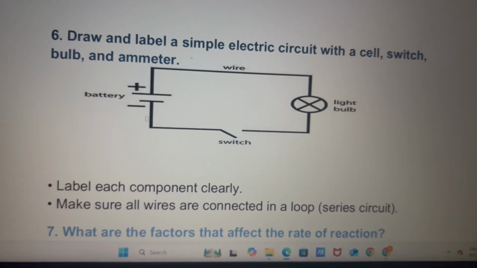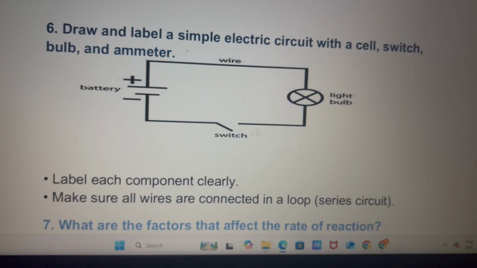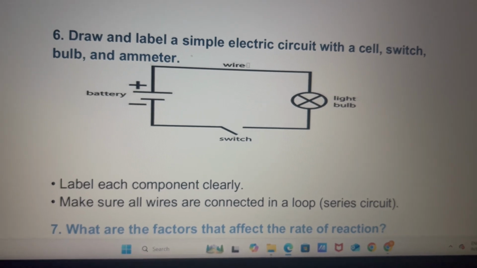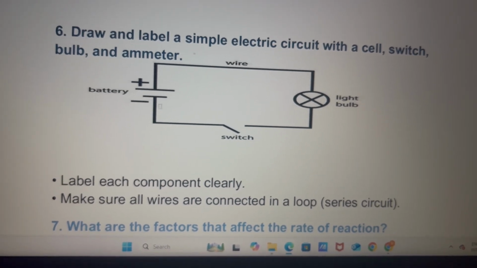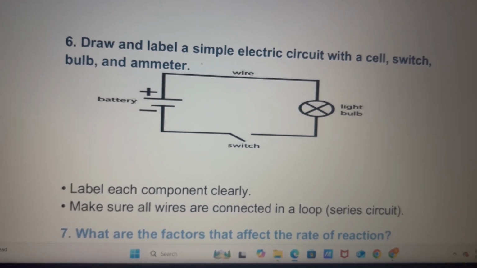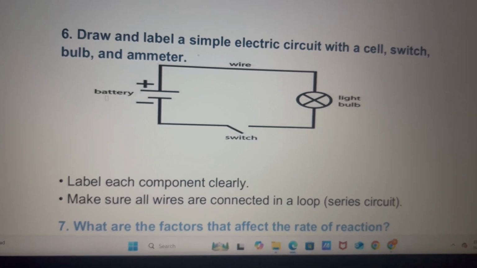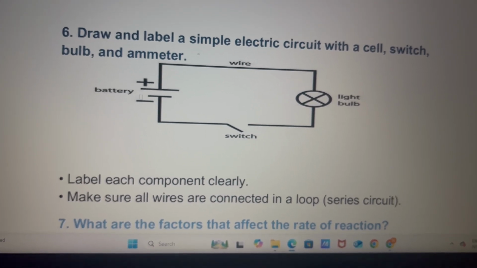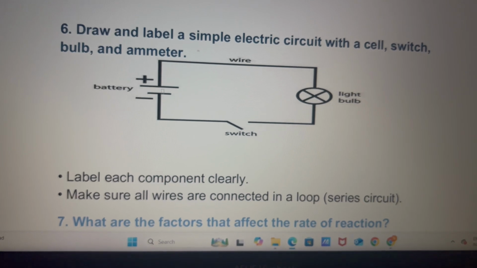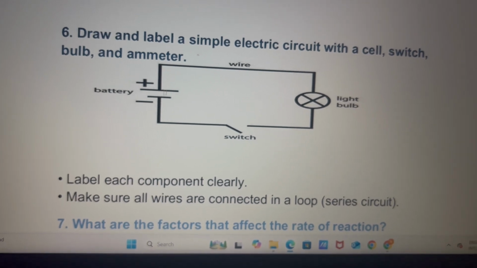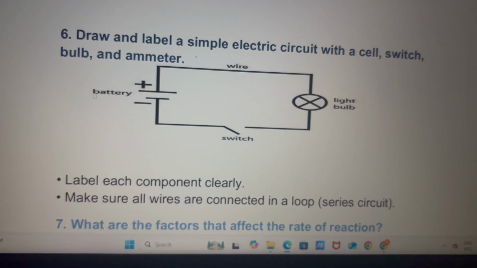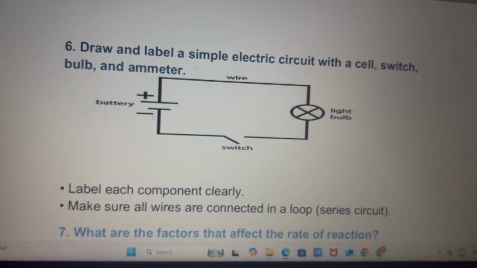Use the ruler, draw mainly four components, and wire is considered one of the components, so it's fine. This is the battery or the cell. You can label this as the cell more accurately because the battery is two of these. So cell would make more sense, as this is cell, C-E-L-L, cell.